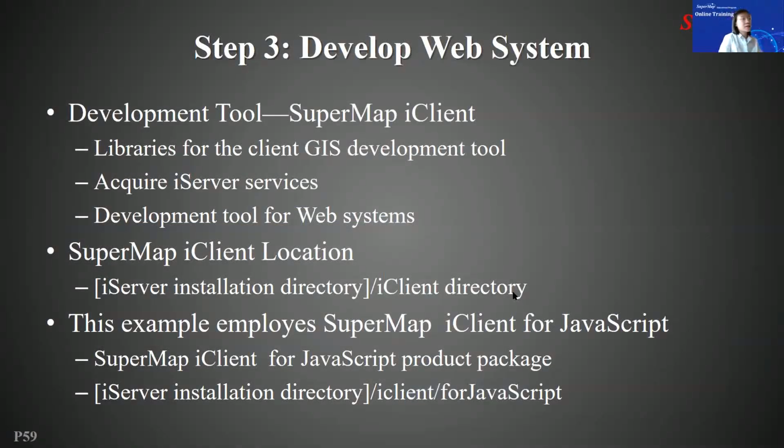The next step is to create a project. First we decide which development tool we want to use. Here we will select SuperMap iClient, and we'll use Leaflet as our map library.